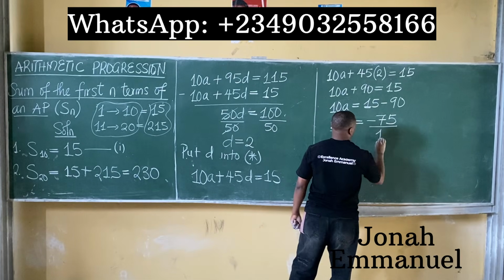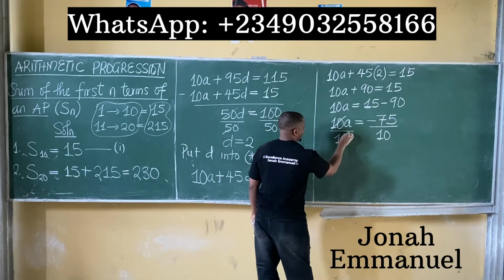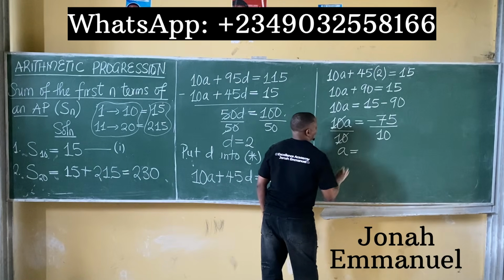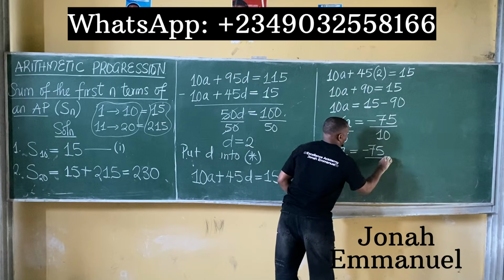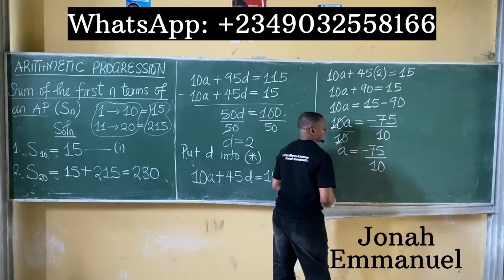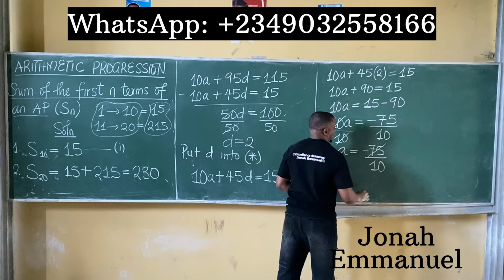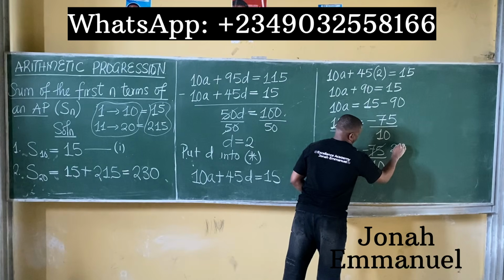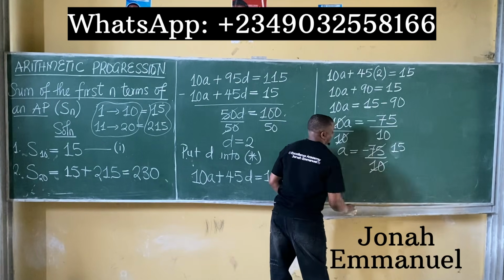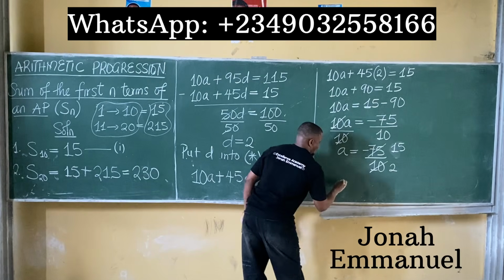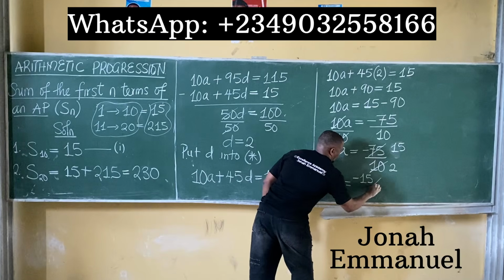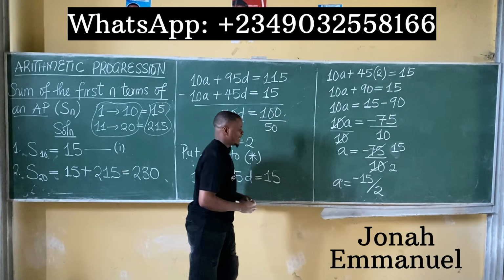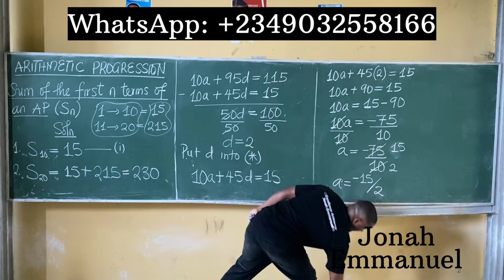This cancels this. a is equal to minus 75 over 10. 75 divided by 5 gives you 15. 10 divided by 5 gives you 2. So a is equal to minus 15 all over 2.